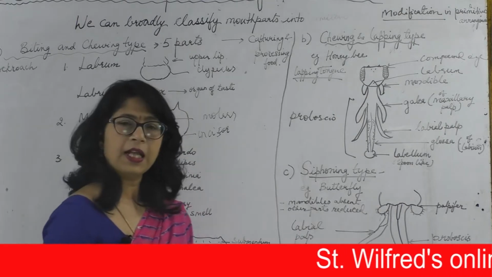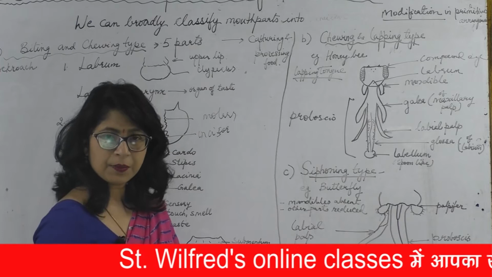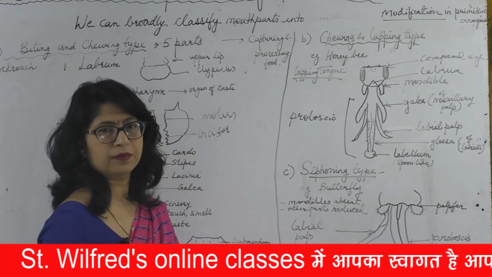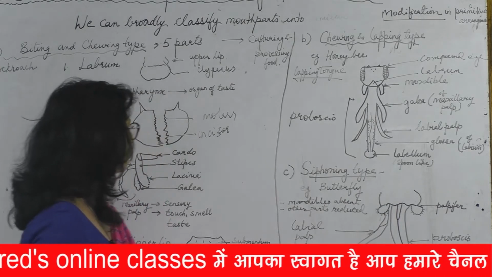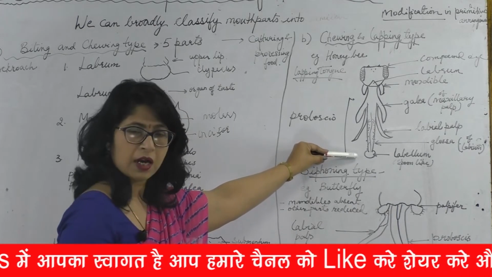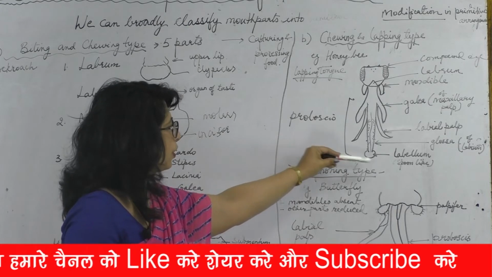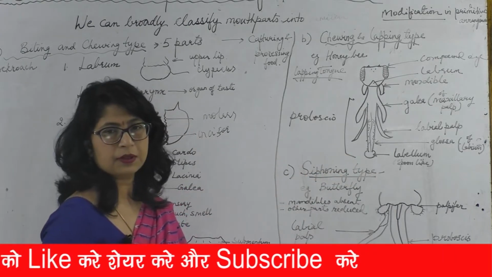It is with the help of proboscis that the honeybee licks the nectar. At the tip of glossa, there is a spoon-like structure. This structure is known as labellum.